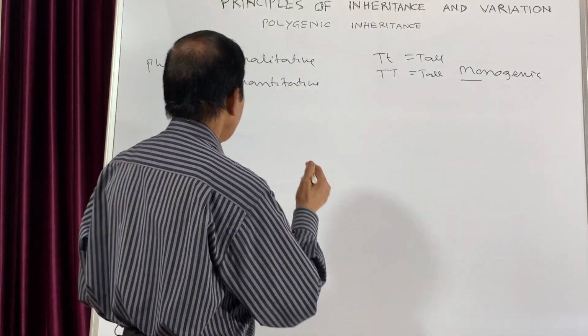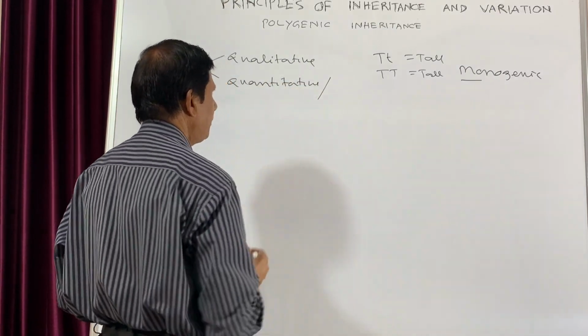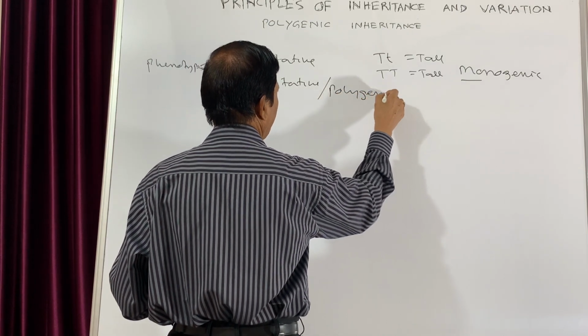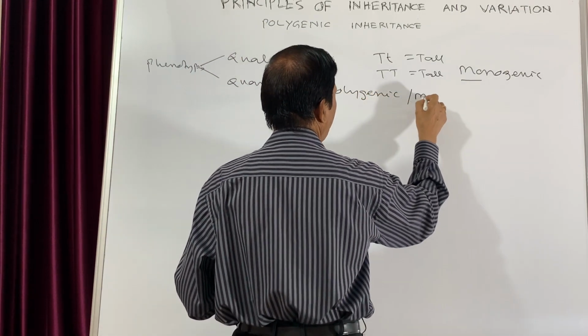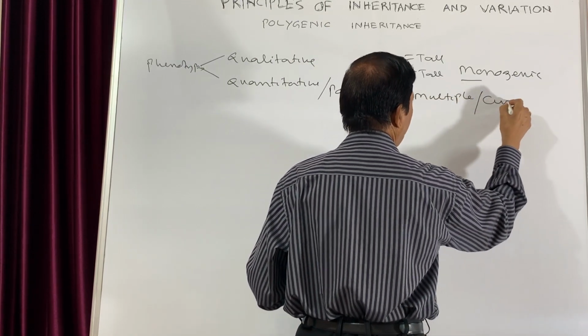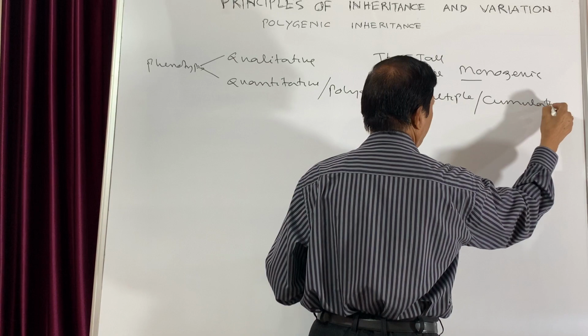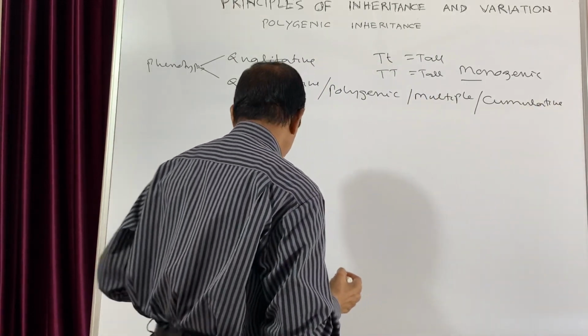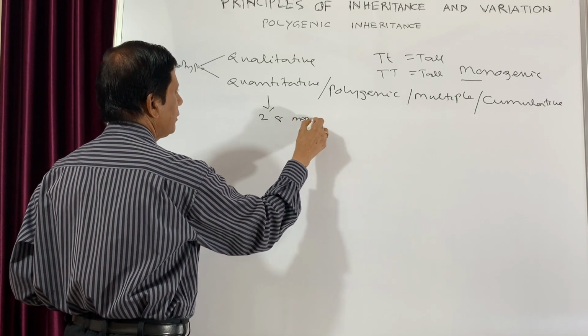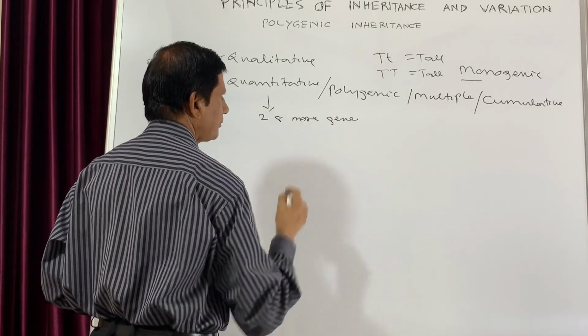Such inheritance is known as quantitative inheritance, or polygenic, or multiple, or you can also call it cumulative. All these are usually governed by two or more genes instead of one.